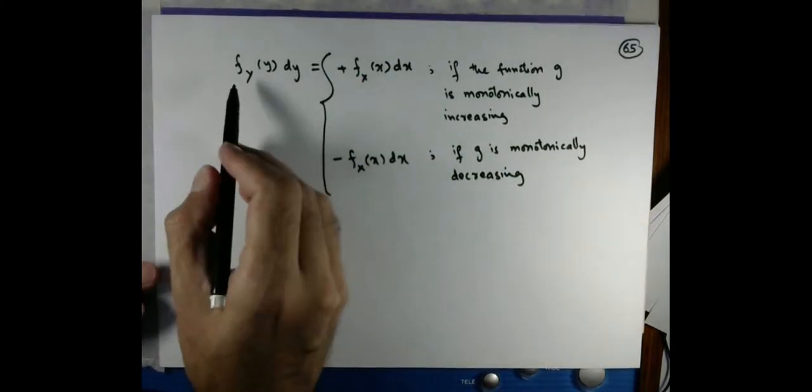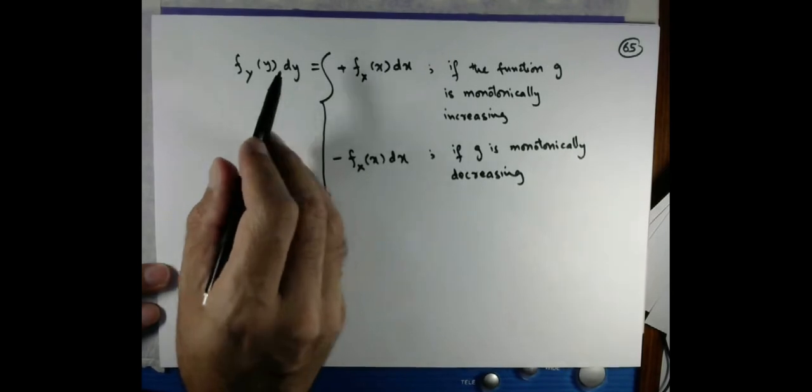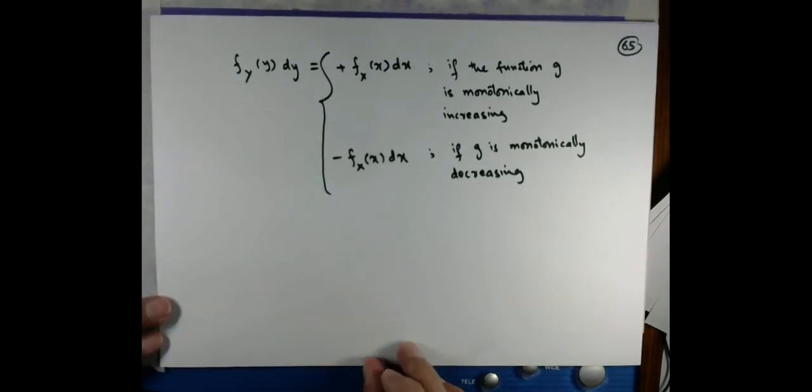So basically f sub y dy is equal to plus or minus f sub x dx.